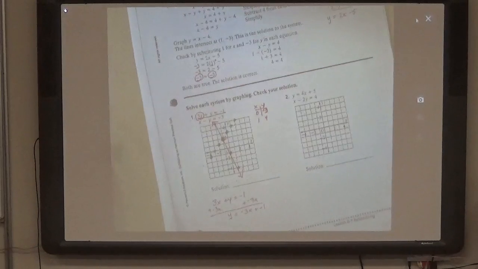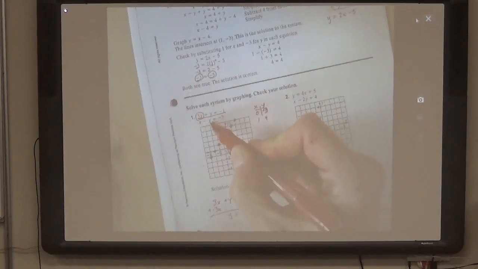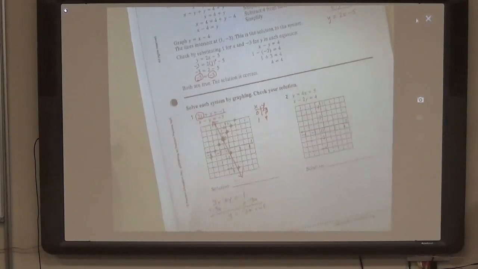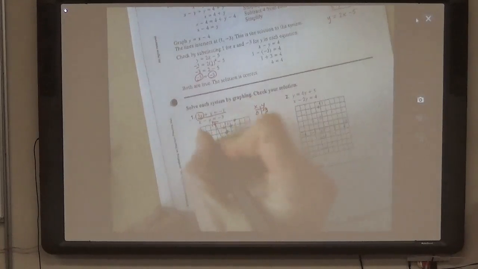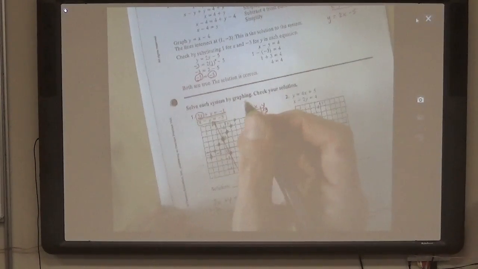It's -3. No, you have to subtract y. So we have to subtract 3. Okay? Look at this equation. x minus y equals -3. Ava?